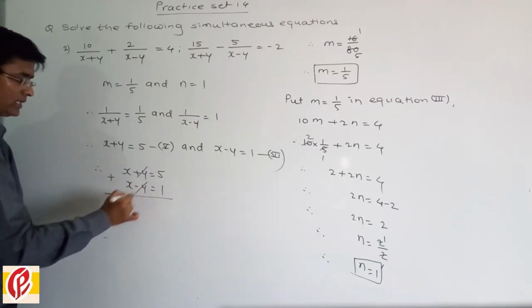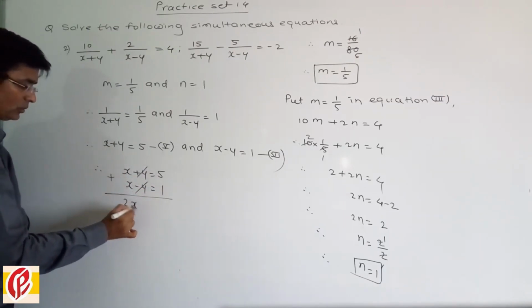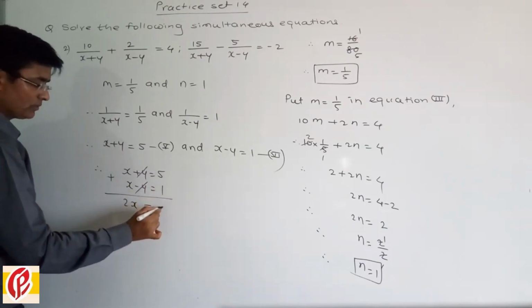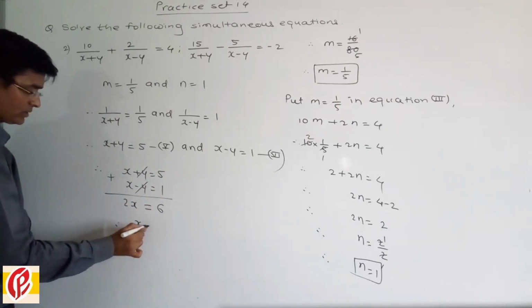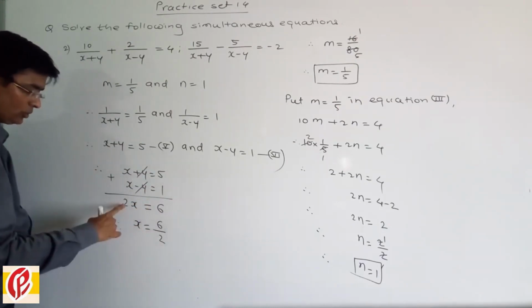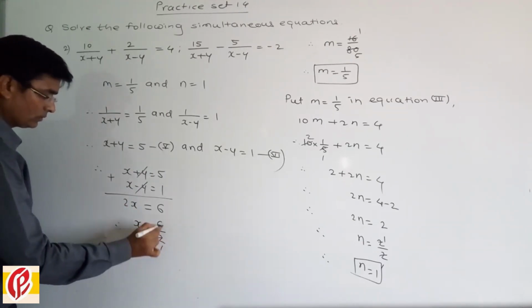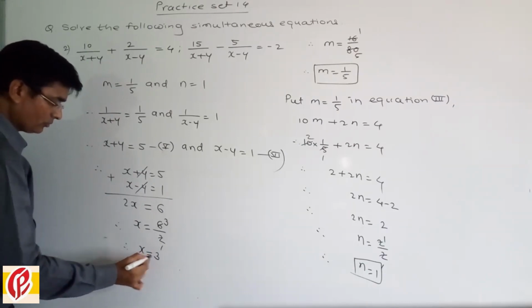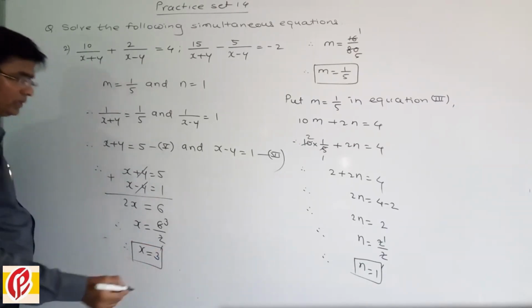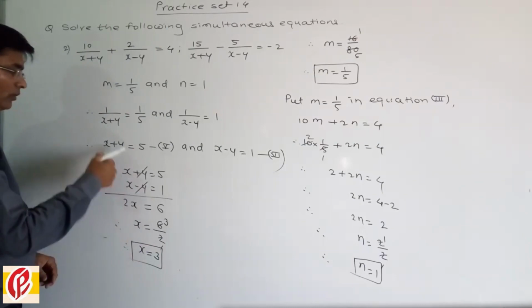So plus y minus y cancel, x plus x, 2x is equal to 5 plus 1, 6. Therefore x is equal to 6 divided by 2. 2 is multiplied, here it is divided. So x is equal to, 2 1s are 2, 2 3s are 6. So we get x is equal to 3. Now you will have to find the value of y.